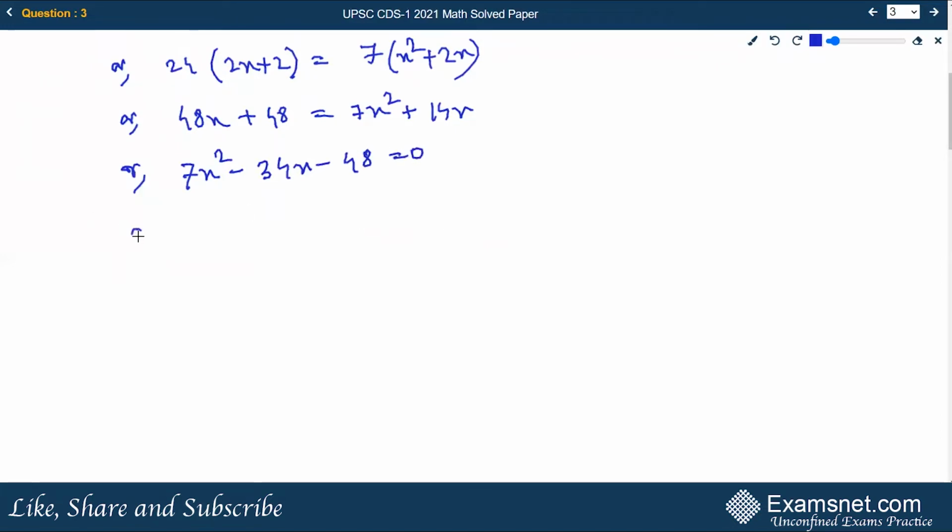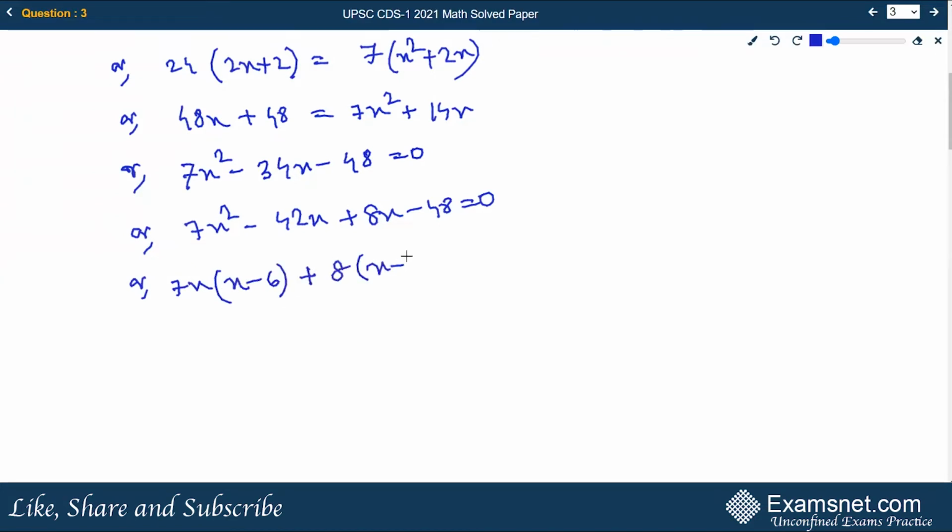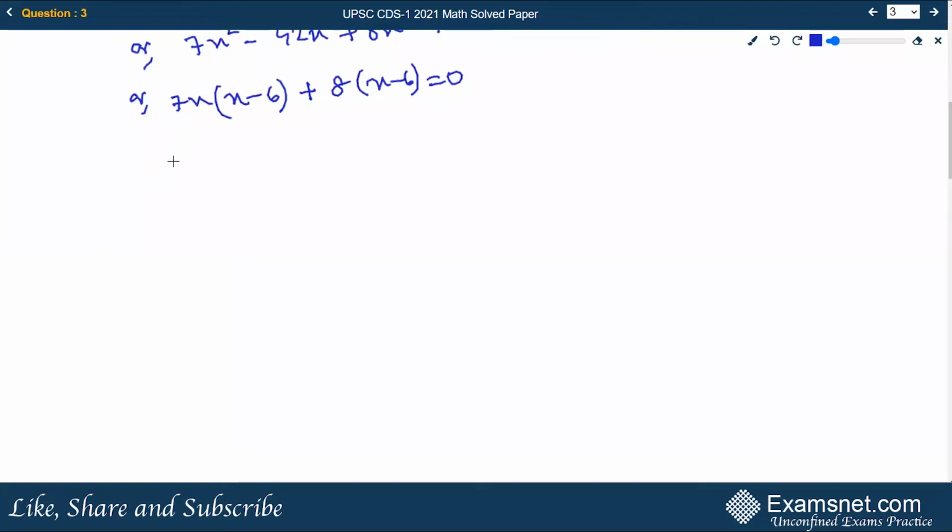So if we split the middle term, we will get 7x squared minus 42x plus 8x minus 48 equals 0. Here we can see, after taking common 7x, 6x minus 6, it will be x minus 6, 7x plus 8 equals 0.